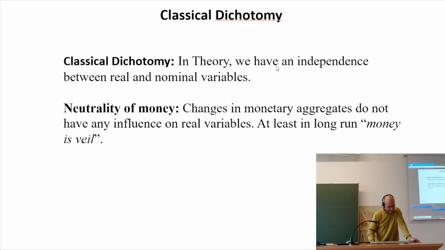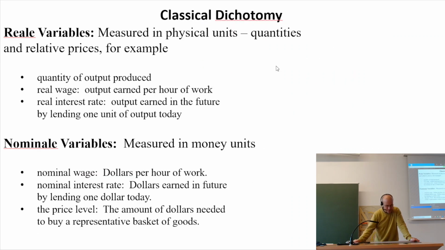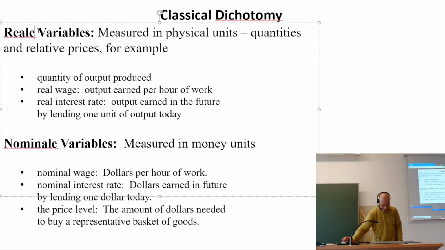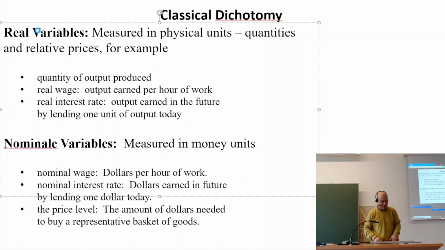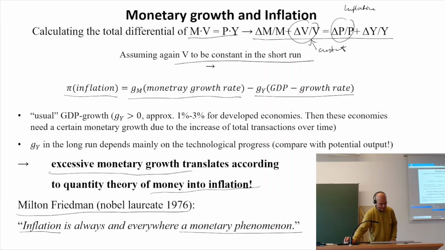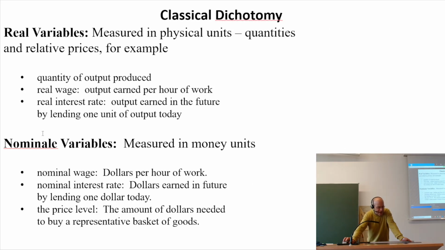Okay, let's do also these two slides for today, because then we can say that if we think that we have this one-to-one dependence between an increase in money and prices, so if the statement of Milton Friedman holds, that inflation is always and everywhere only a monetary phenomenon, then we have the so-called classical dichotomy.